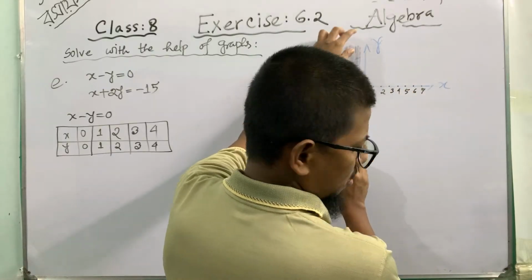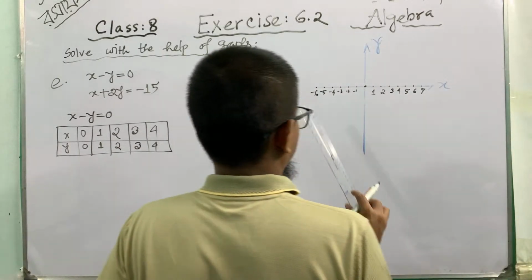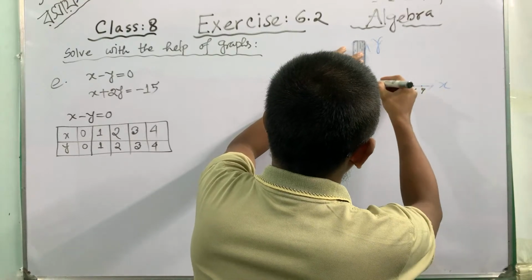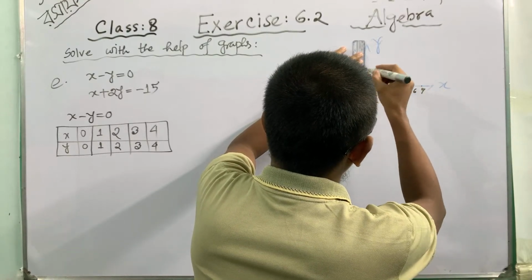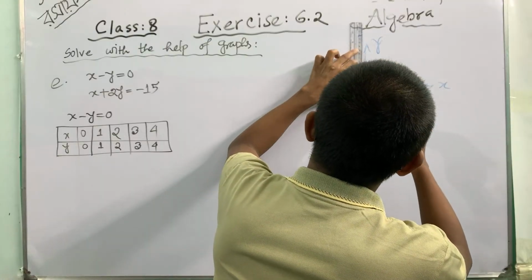I don't see it. I have to use a black marker. If I don't see it, how are you going to see it, right? So this is y equal to +1. I don't see it either.